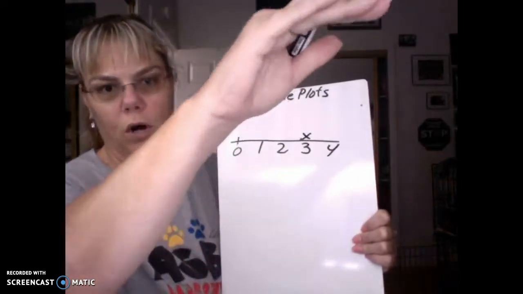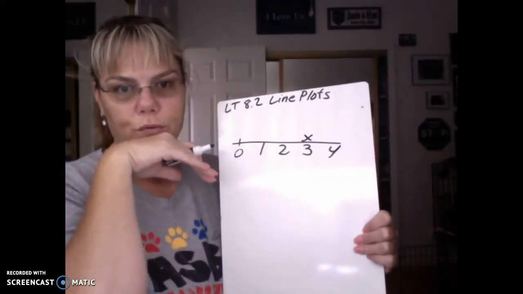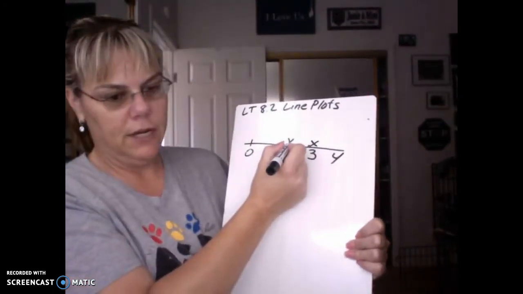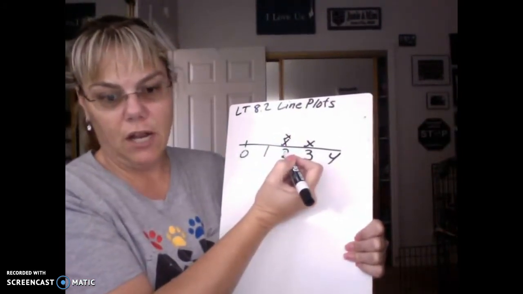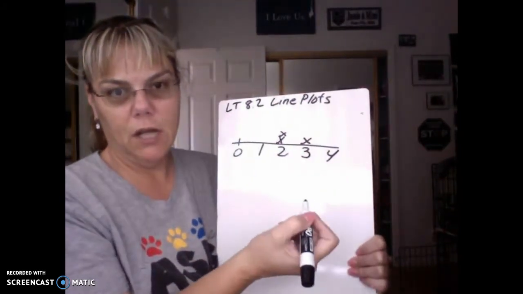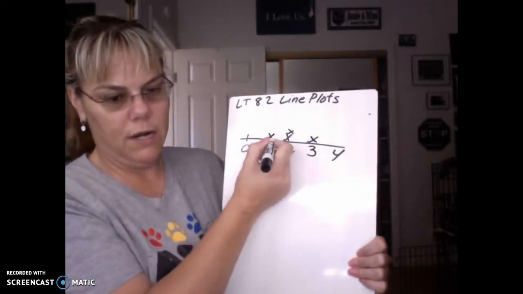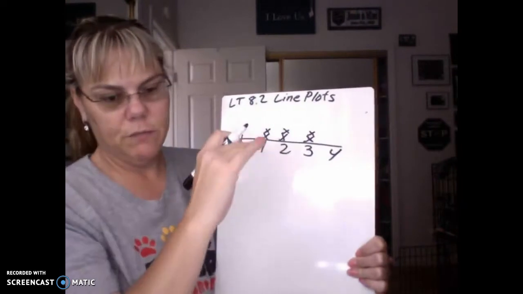I'm going to go in rows instead of columns. Then there's a 2 and another 2. I'm just making X's. I can make a dot, I could make an X. It doesn't matter. A dot plot, a line plot, it's the same thing. Then I have a 1 and a 3 and a 1. That was my first row.